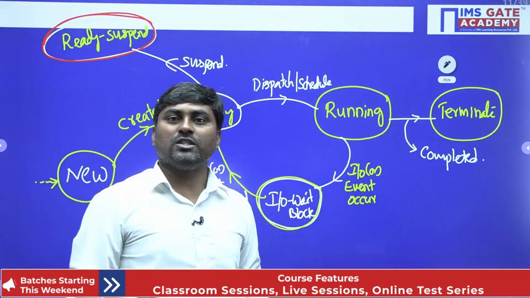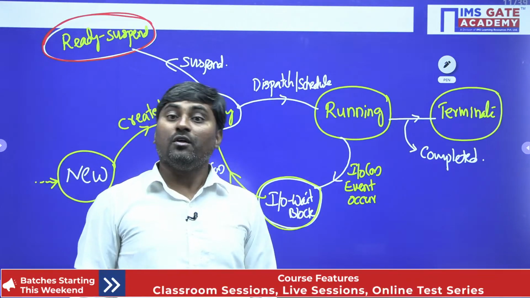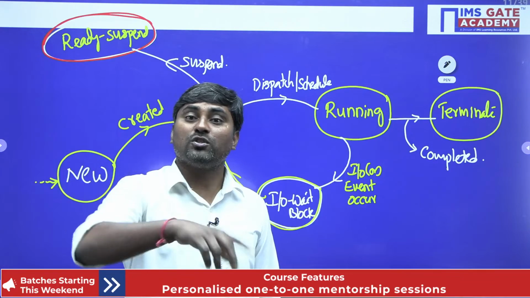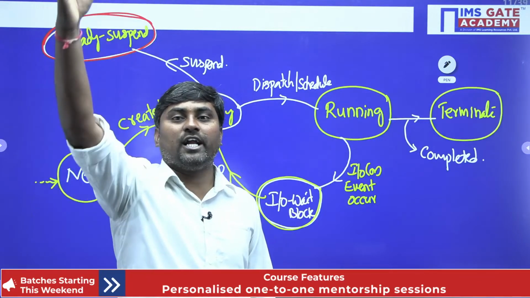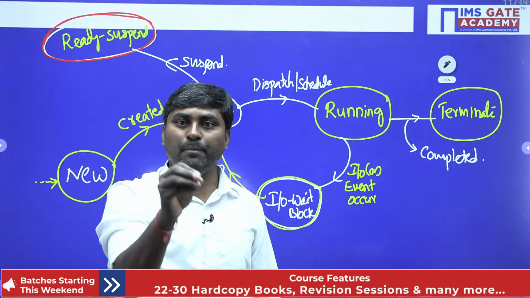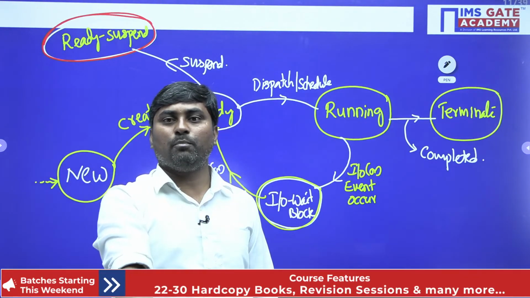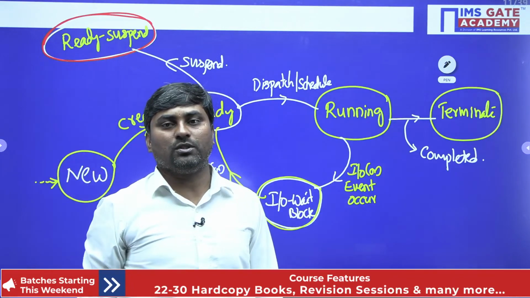Then the operating system has to take a decision: one of the processes needs to be suspended, sent into secondary memory temporarily, the high priority process loaded into main memory and executed. Once the high priority process is over, you can resume the suspended process.